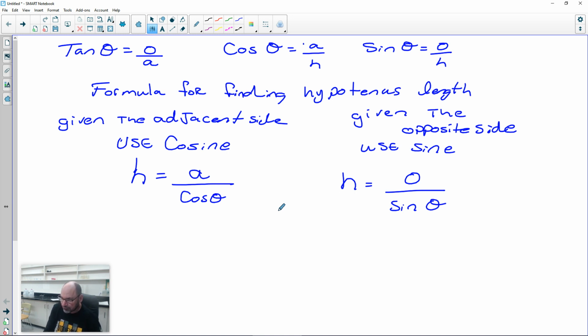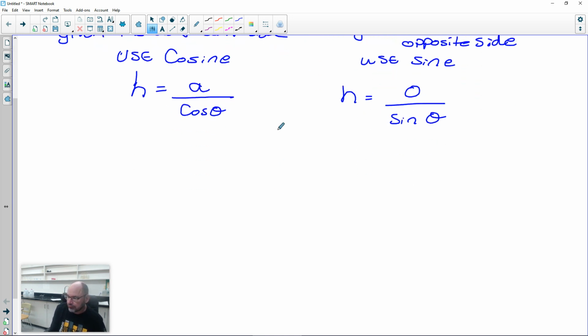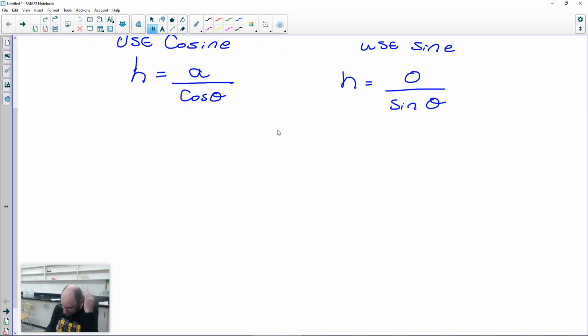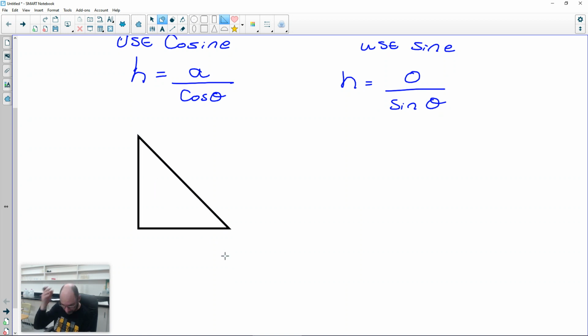So we'll draw a triangle first. We want to find the hypotenuse side length.